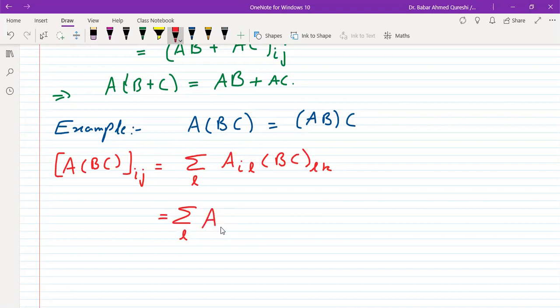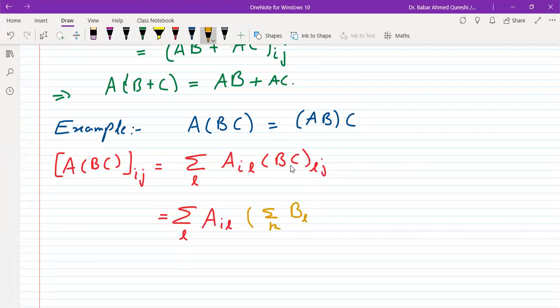But then I have to look at what is the lth, jth component of BC. That formula I know. I introduce another dummy variable, let's say k, and l is fixed.